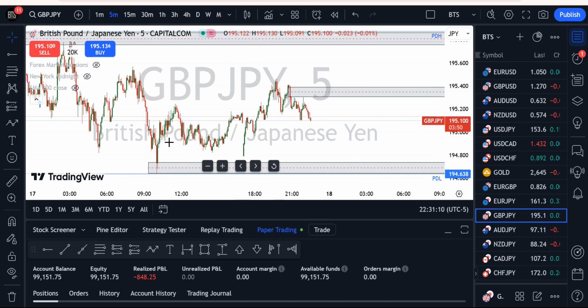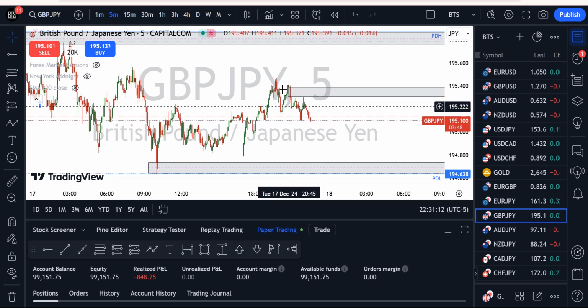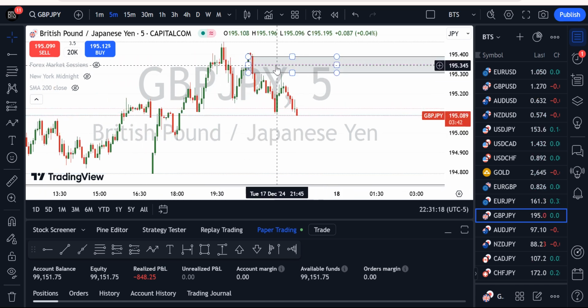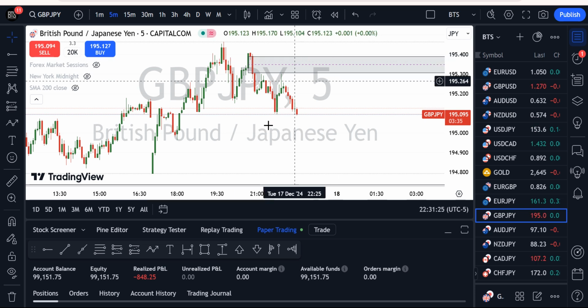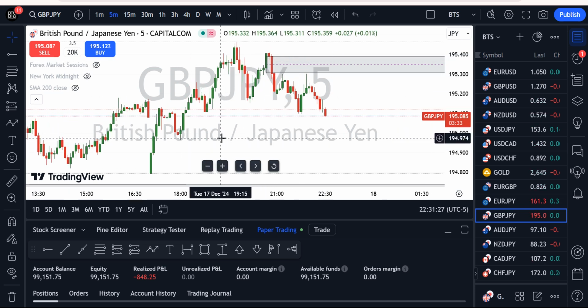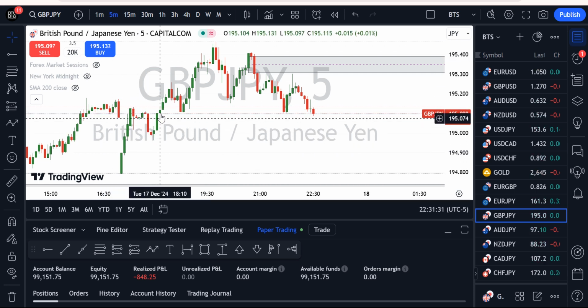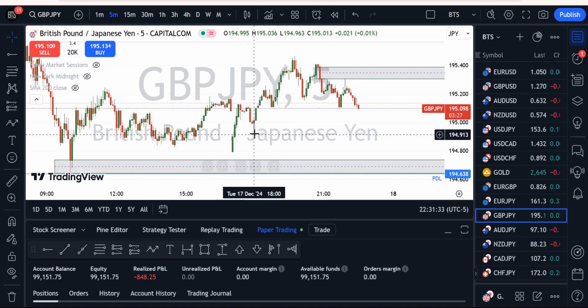Also on this level, right around here is an imbalance right here. So if we didn't get the imbalance tapped, I can be looking out for price to come into this region, then pick a buy from this zone.